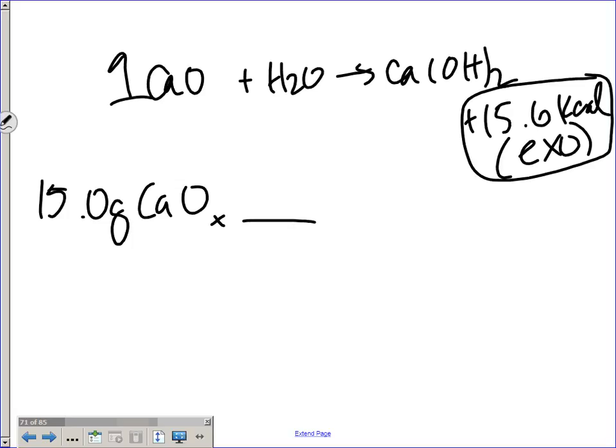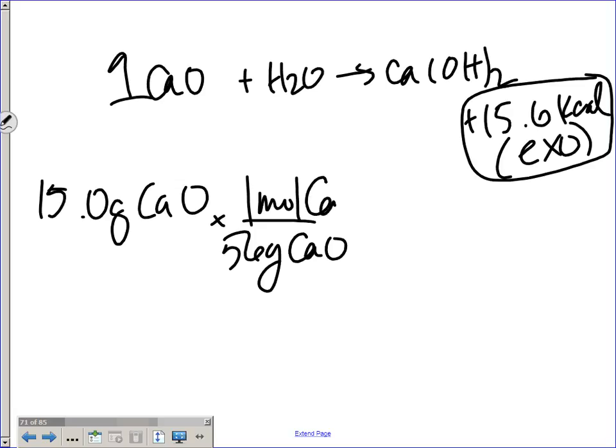So the very first step you have to do is probably convert grams to moles, right? That's going to give us, let's see, 40 plus, so it's 56-ish grams of calcium oxide for every 1 mole of calcium oxide. So you could convert to moles and call that a day, but then you wouldn't have achieved the information about energy. Well, the relationship here is 15.6 kilocalories is equivalent to 1 mole of calcium oxide. Where would I put 1 mole here?